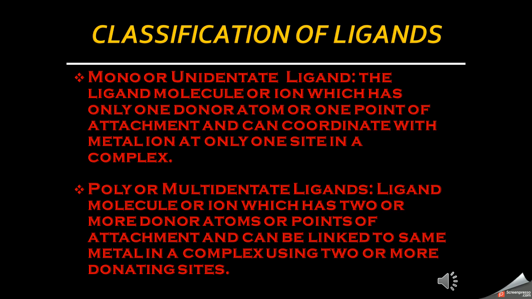Then poly or multidentate ligands. Poly means many, multi means many. Ligand molecules or ions which have two or more donor atoms or points of attachment can link to the same metal ion in a complex using two or more donating sites.